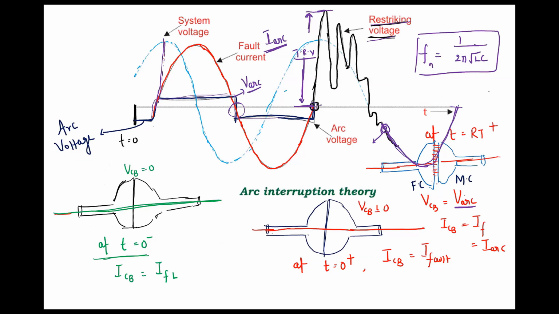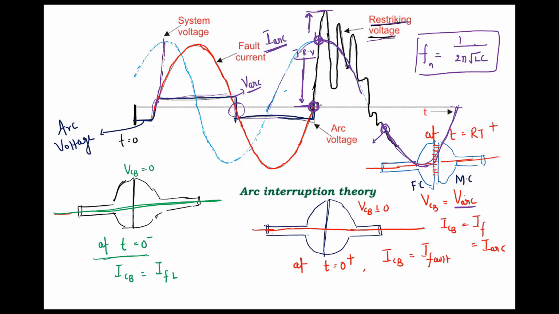So suppose this is the point where the arc is extinguished. If the arc does not restrike, suppose that is the final arc quenching point. The instantaneous value of system voltage, from this point onwards, the system voltage will come into picture.